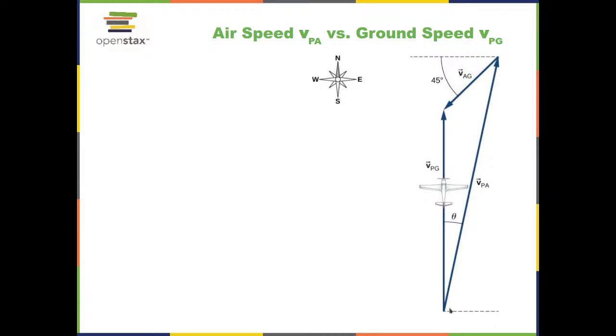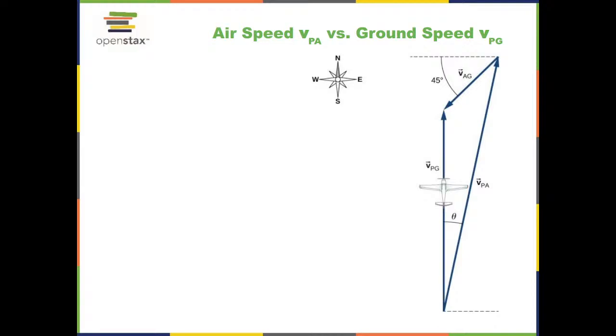Because what will happen is we'll end up with the plane moving relative to the air in this direction, but at the point when the plane gets here, the air has moved here, so that effectively the plane has flown with respect to the ground along the northern direction. So this is one example of this kind of problem.